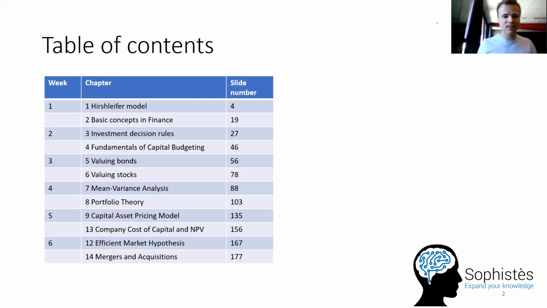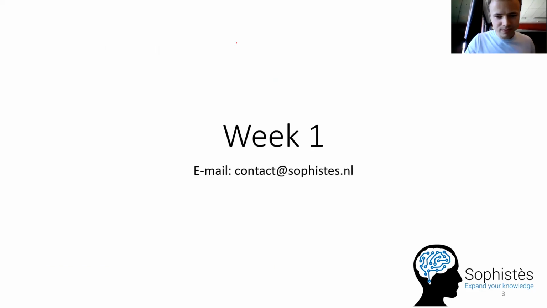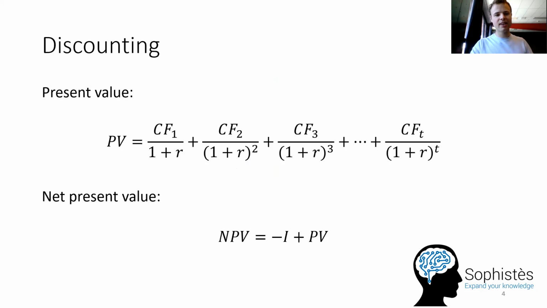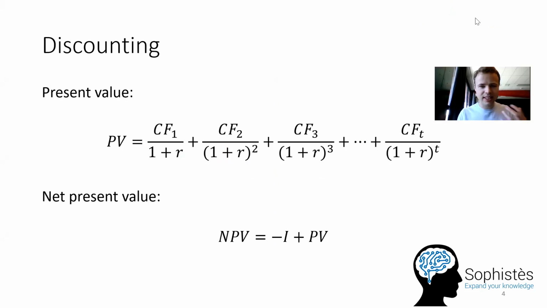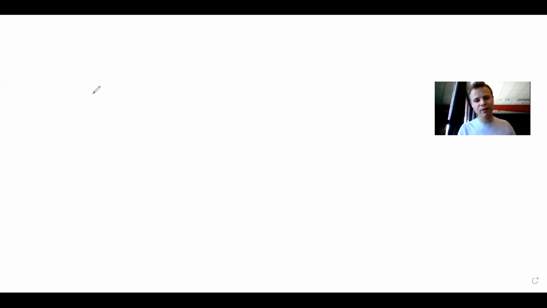Okay, so let's start then. So week 1, the first thing you need to learn is about finding the present value. And to understand what a present value is, I'm going to show you a really easy example on the whiteboard. So the key about the time value of money is that you have 2 times.